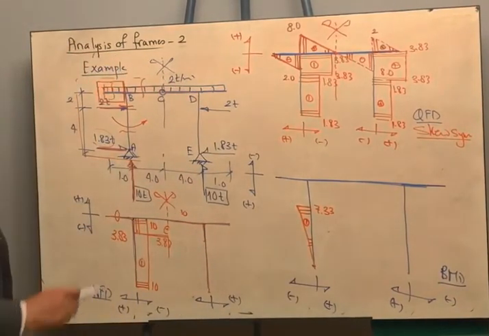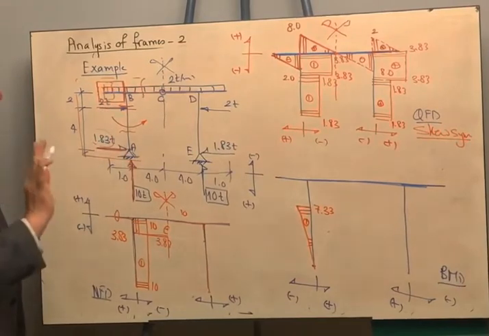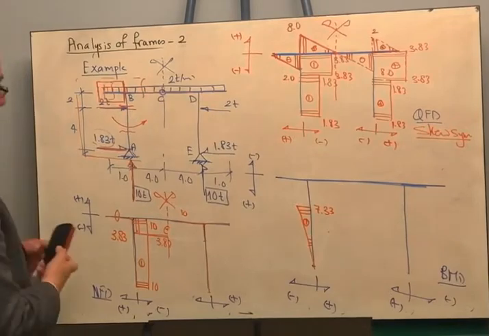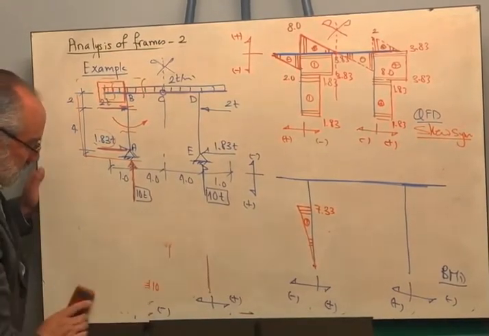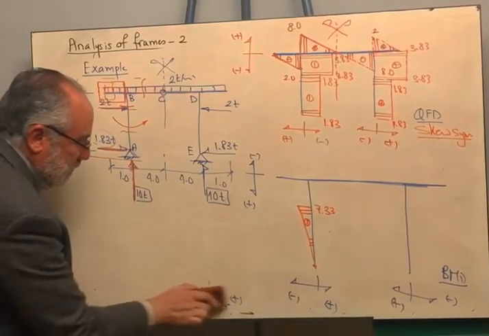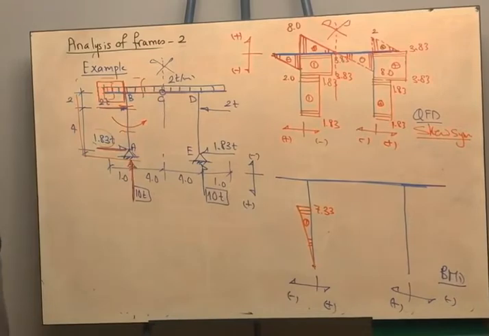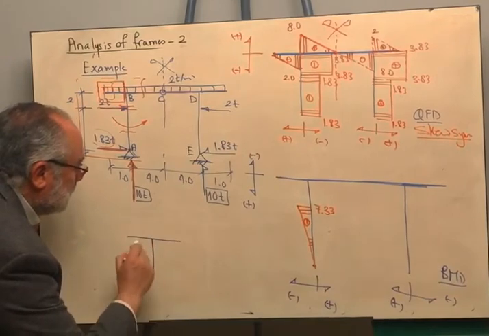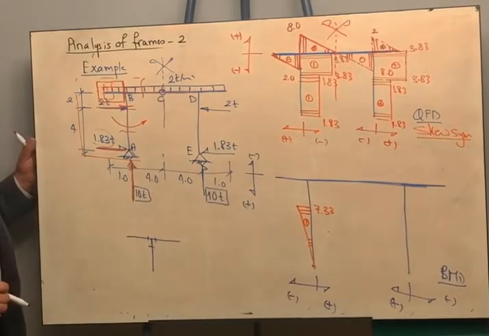Next, we have point B. Again, at point B, we have 3 sections. My advice is that you indicate the free body diagram for each intersection. So point B is basically 3 sections.